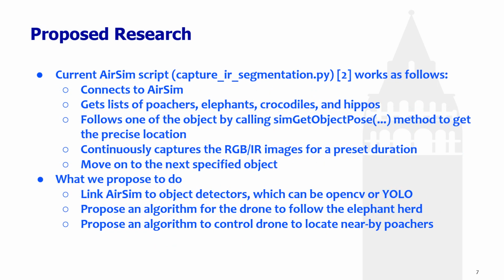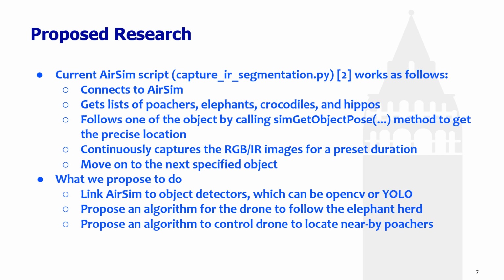So as of now, the current AirSim script works as follows. First, it will connect to AirSim. It gets a list of the entities present in the simulation. For example, the ones in our simulation would be the poachers, elephants, crocodiles, and hippos.